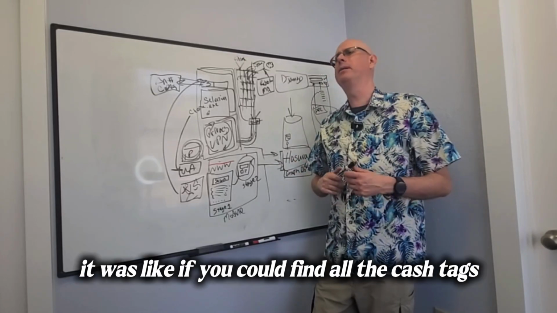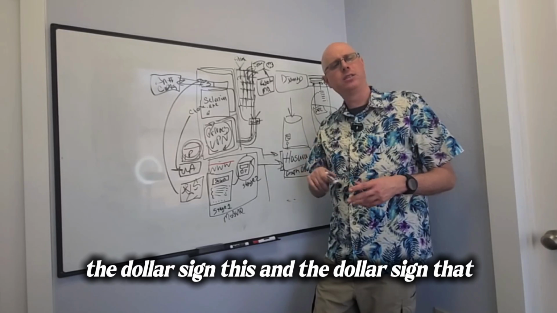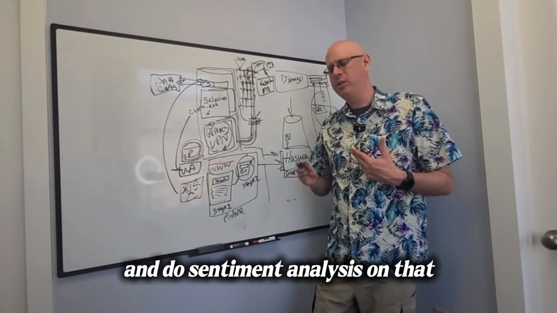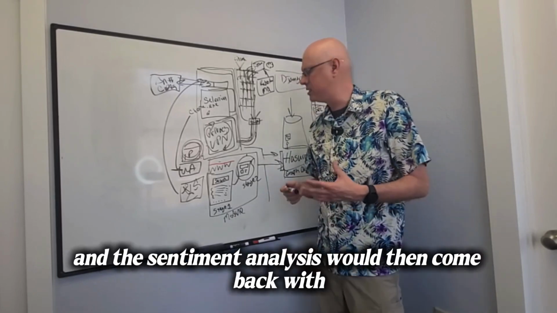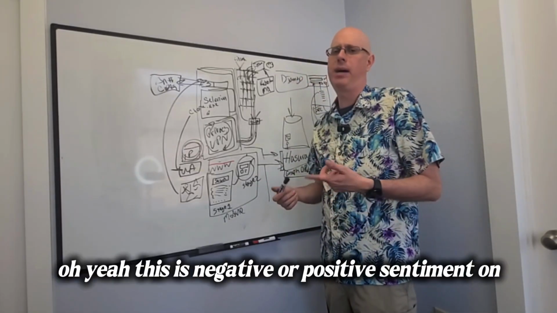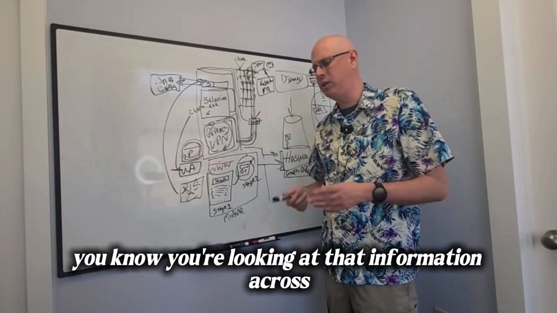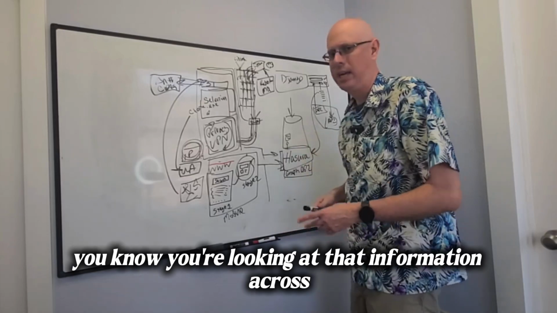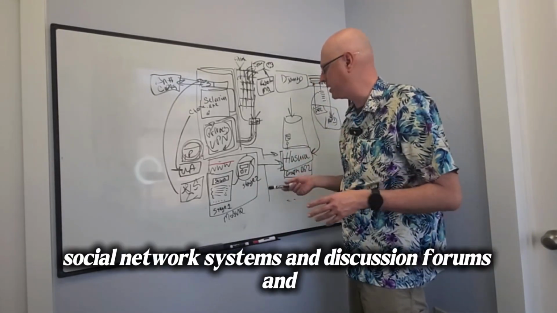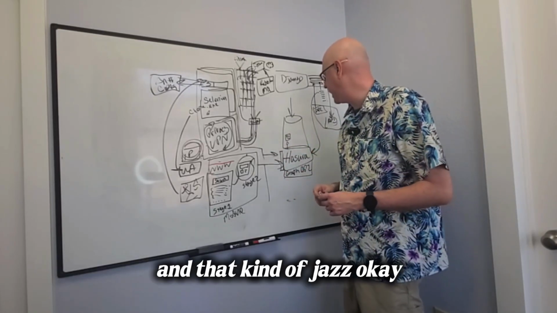But if you could find all the cashtags, for example, the $this and the $that, you could run that through and do sentiment analysis on it. The sentiment analysis would come back with negative or positive sentiment on a particular stock, and then you're looking at that information across multiple systems, social networks and discussion forums, and you're able to pick up on the sentiments.